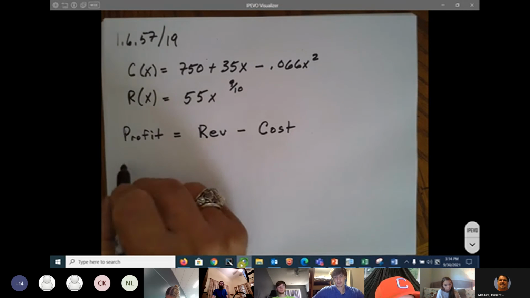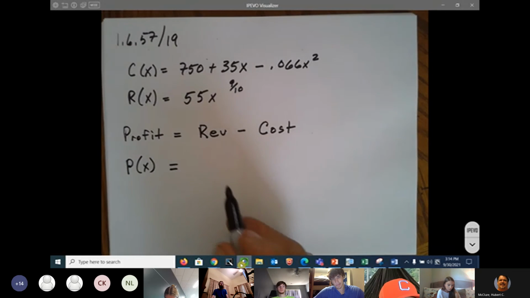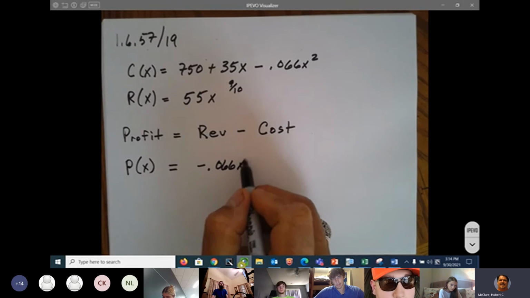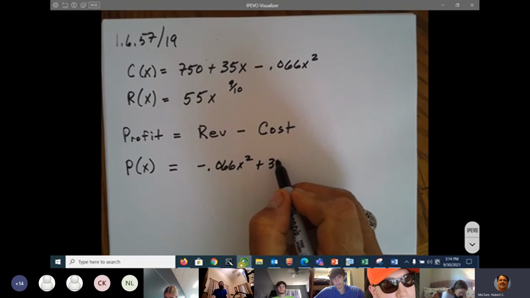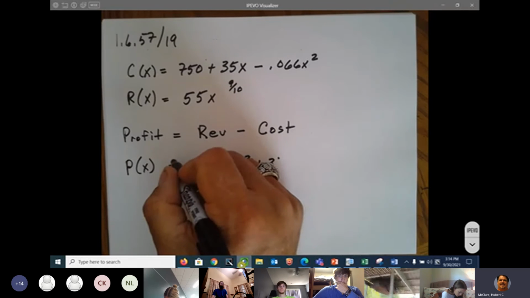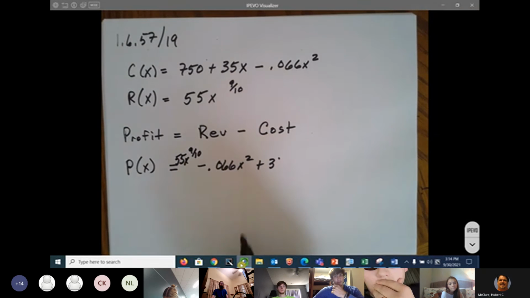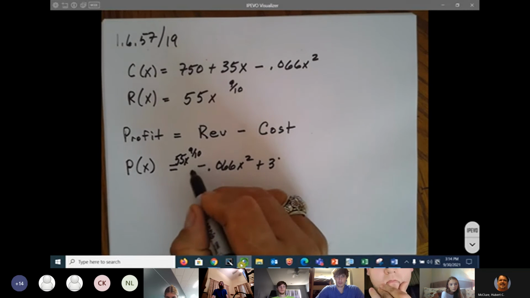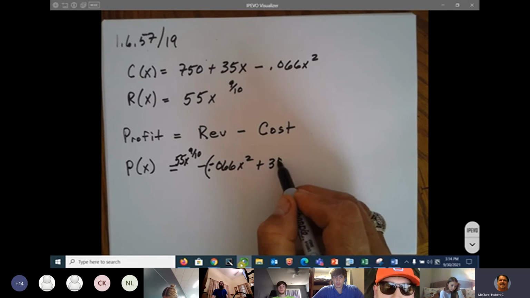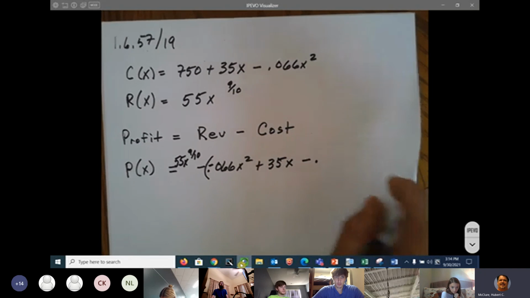So P of X is going to be equal to negative 0.066x squared plus 55x to the 9/10 minus, and that's a negative, minus 35x minus, I'm just going to start over.